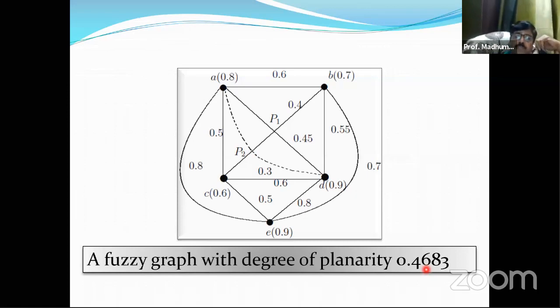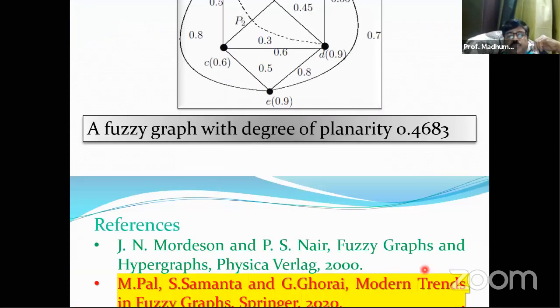Even if intersection is there, we can say that the graph is a planar graph, but that planarity has a degree. If it tends to 0, then it goes to a non-planar graph. And if the degree of planarity goes to 1, then it tends to the conventional planar graph. So this is the concept of planarity.